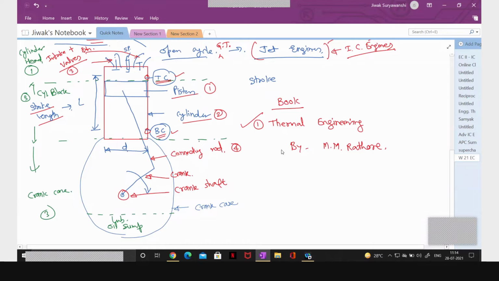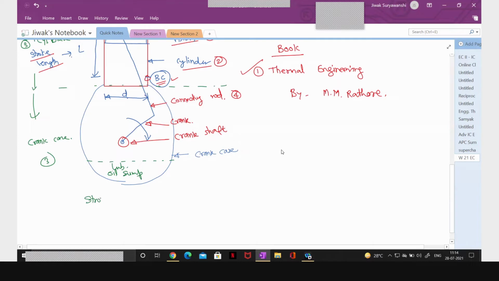Now, what is the stroke? Stroke is the piston travel from one dead center to another. Depending upon this, you can classify engines as four-stroke engine and two-stroke engine.